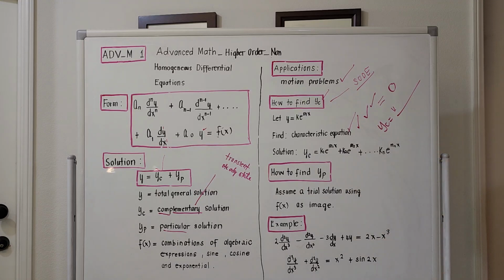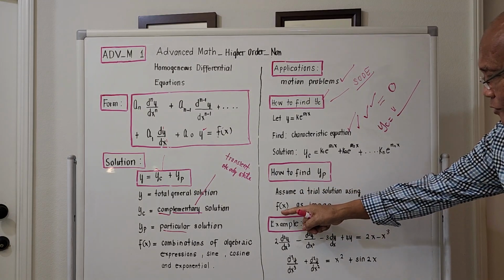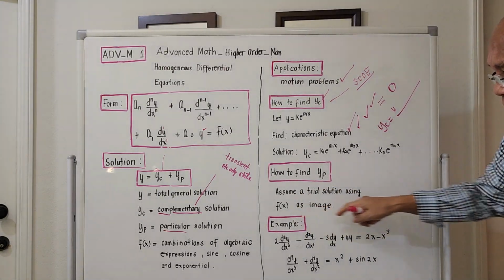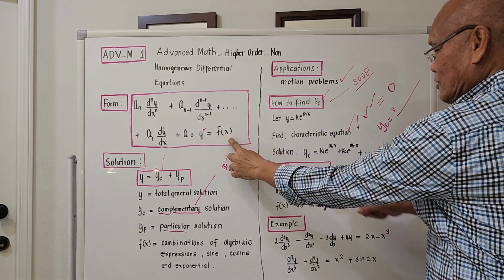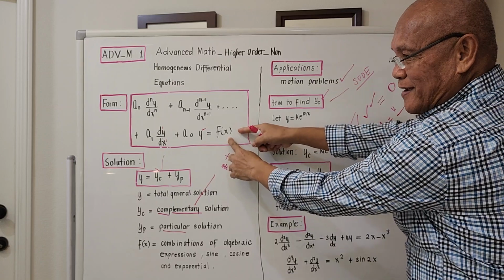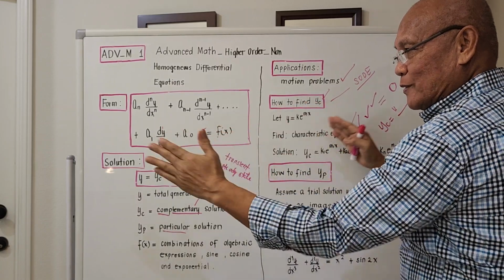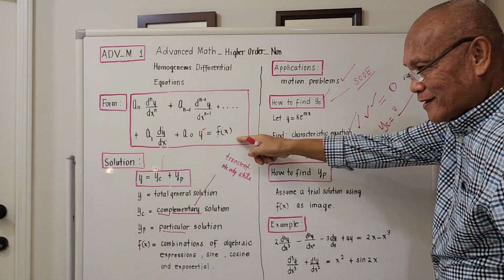Under the particular solution, there is a process on how to take it. It says here, assume a trial solution using a function of x as an image. So whatever is given on the right hand side, you base your trial solution on that one.